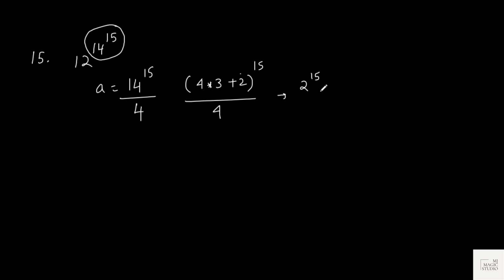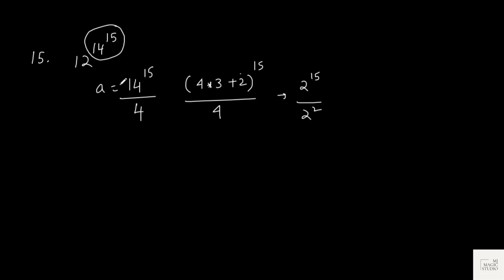Now, 2 to the power 15, this is divisible by 4 again, because it is only 2 squared. All other terms will contain 4 or powers of 4 and automatically would be divisible by 4. The last term of this expression would be 2 to the power 15, which is obviously divisible by 4.